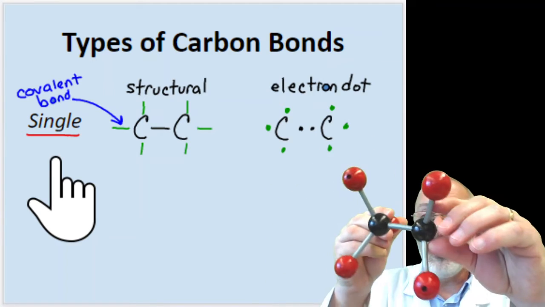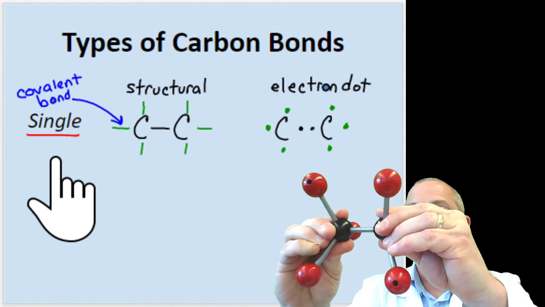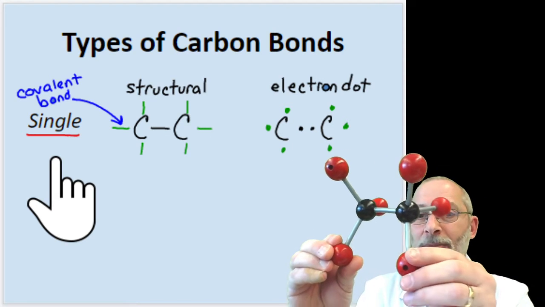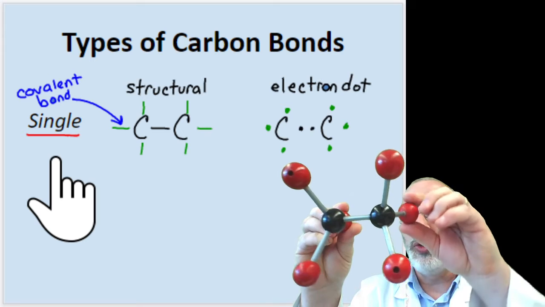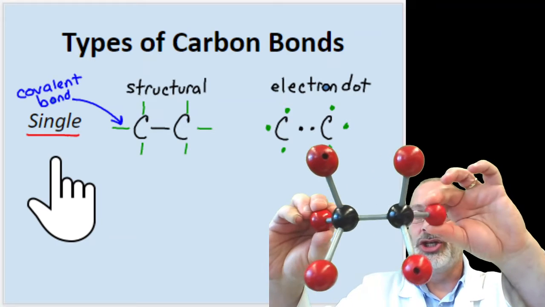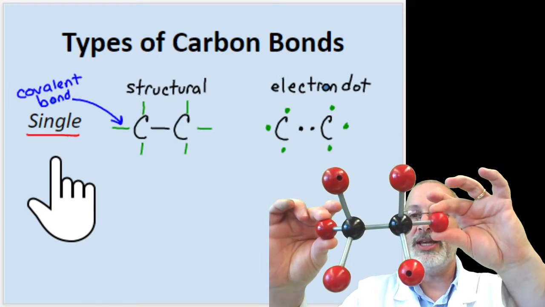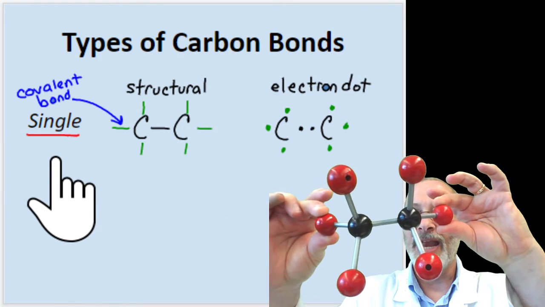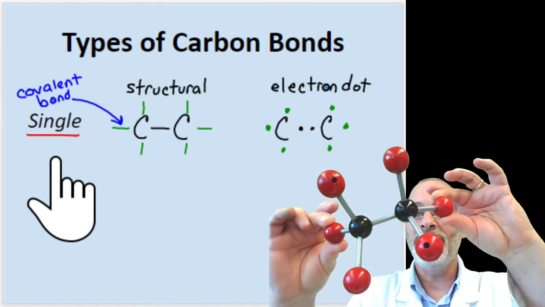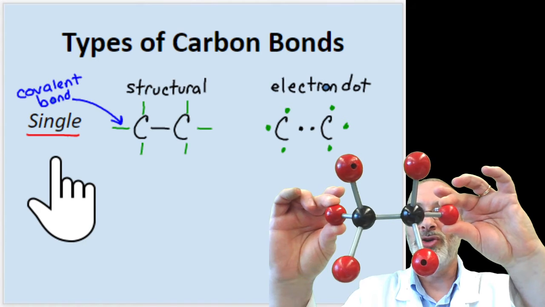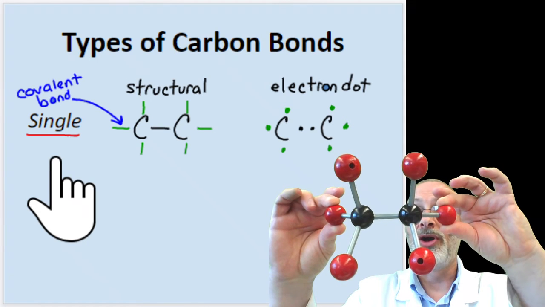And if you hold a model, and models can be extremely helpful in organic chemistry, because if you hold a model in just the right orientation, if you look at it just right, you can make out what we call the structural formula.